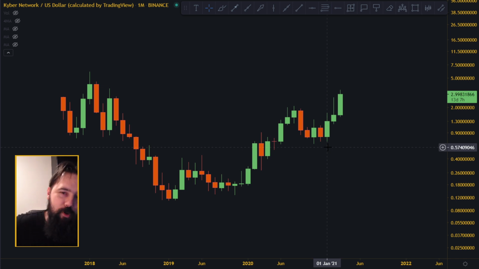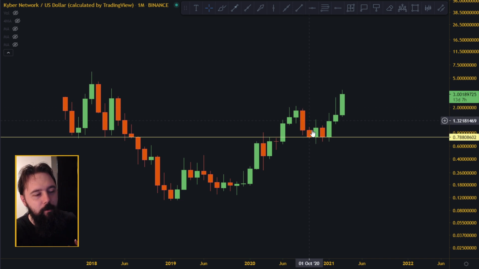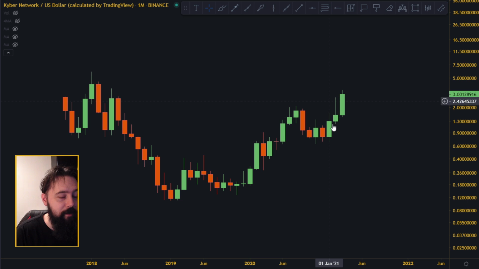Consolidation. God damn it, the words, man! Anyways, you can see clearly here that this was some kind of iron support down here because of these wicks, stuff like that. So we went down, tested the support, and now we are going up again. So very good, this support held, and now we are going higher.